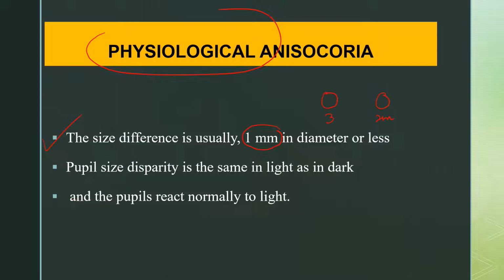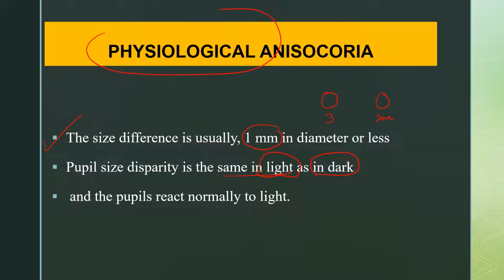The second thing is that the pupil size disparity will be the same in light as well as in dark conditions. I will explain this as we go along in the lecture. In anisocoria, we examine the patient both in the presence of light and in a dark environment, in order to differentiate which pupil is abnormal.